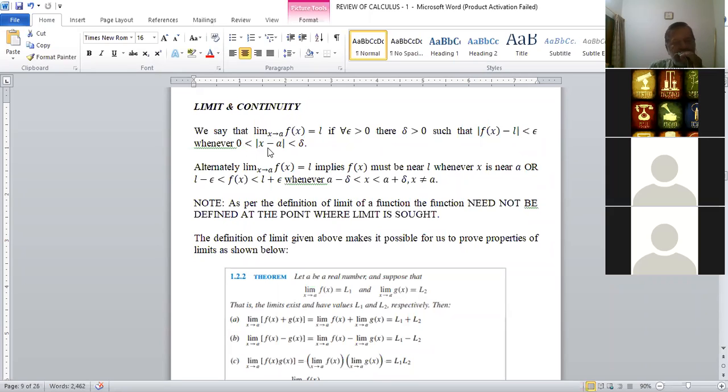Now, what's the meaning of mod x minus a? It simply means the distance between arbitrary point x and a. Left side means that this arbitrary point x cannot be a. Right side means that this arbitrary point x is close to a, as epsilons and deltas are always small numbers.